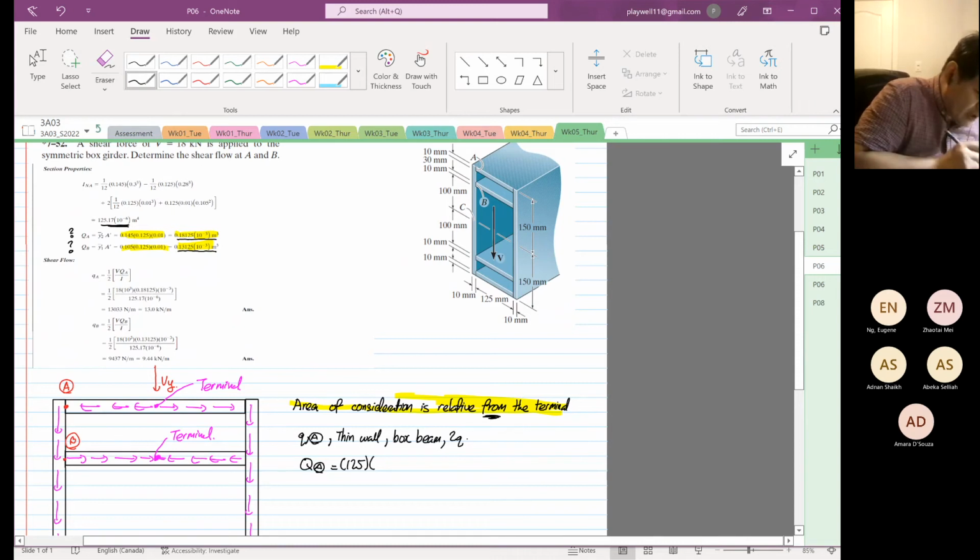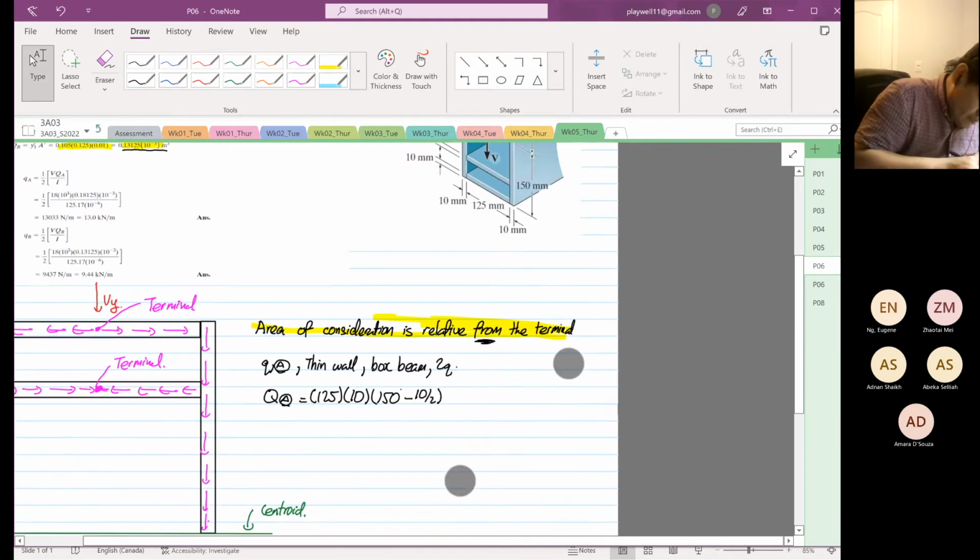The depth is 10. The y bar is 100 plus 50 is 150, minus 10 divided by 2.